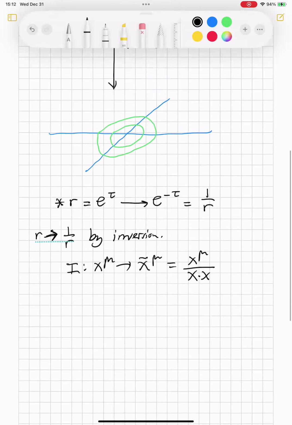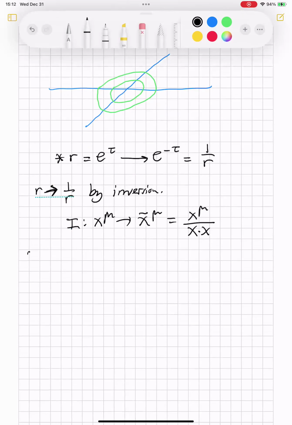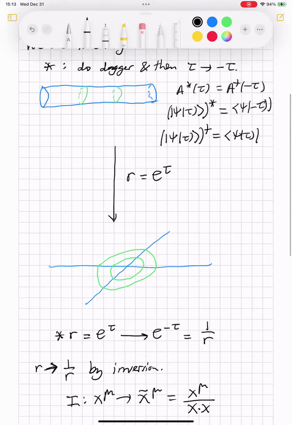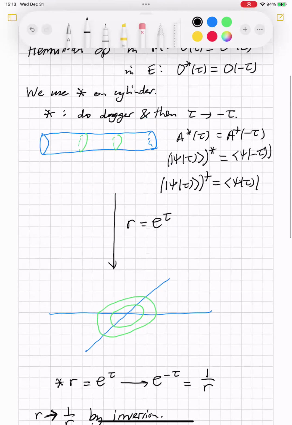So on the plane, how do we do star? Well, first we dagger, and then we do inversion. So on the cylinder, first we dagger, and then we change tau to minus tau.